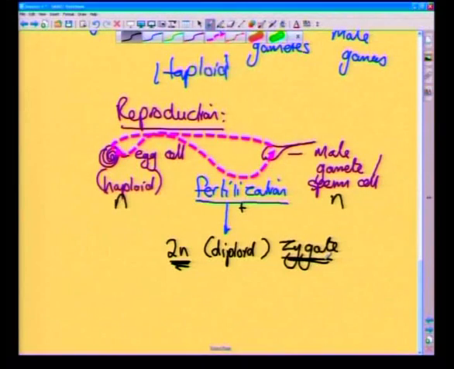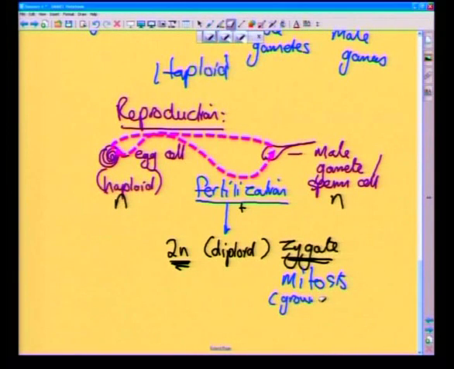And that zygote will now undergo mitosis. And why? So that it can grow and mature.